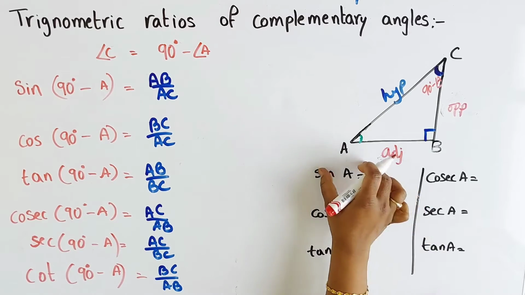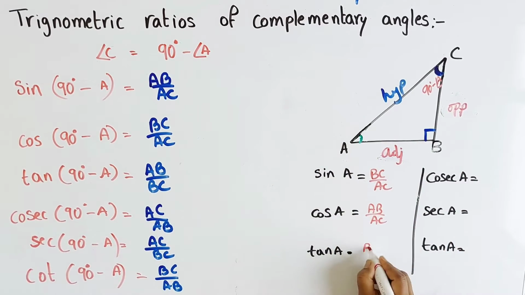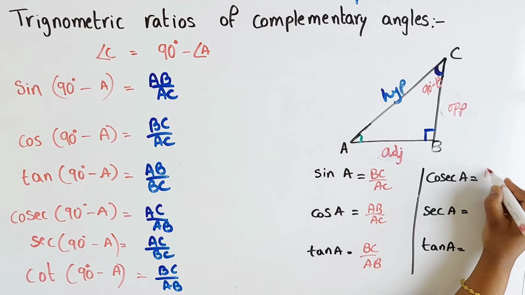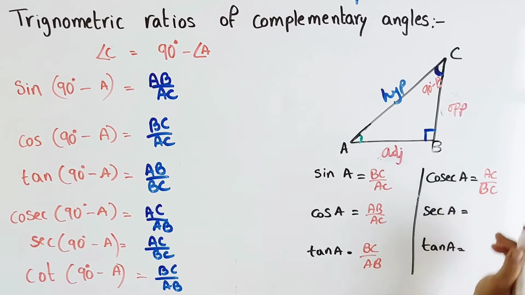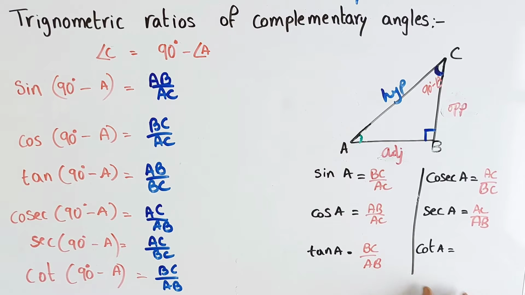Tan A equal to opposite by adjacent, that is BC by AB. You know cosecant A equal to reciprocal of sin A, that is AC by BC. Secant A equal to reciprocal of cos A, that is AC by AB. And cot A equal to reciprocal of tan A, that is AB by BC. Correct children?